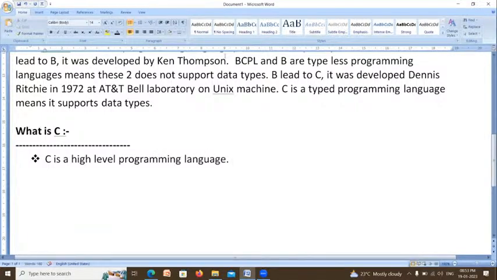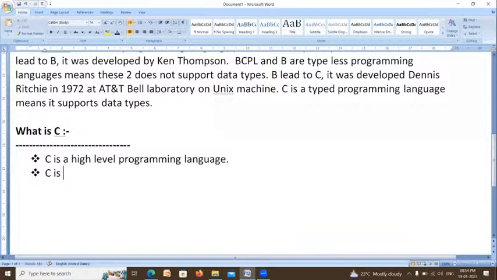What is the meaning of high level? High level means we can write programs by using simple English words, like print, scan. So the language which can be built by using simple English words is called a high-level language.